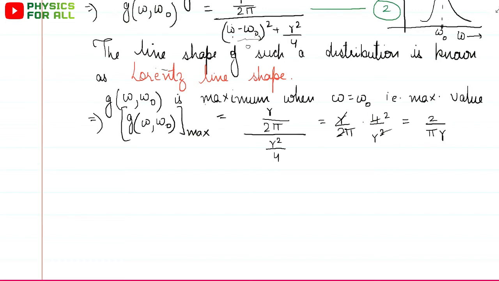This is the value of this function at the natural angular frequency. Let's say omega 1 is the frequency corresponding to half intensity.